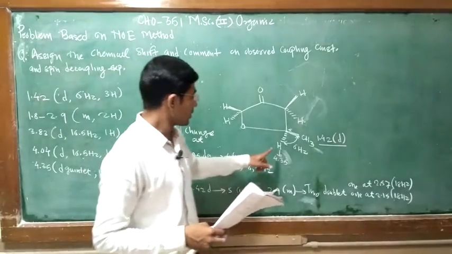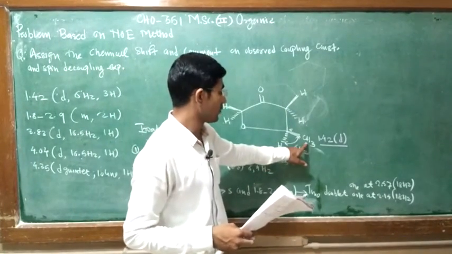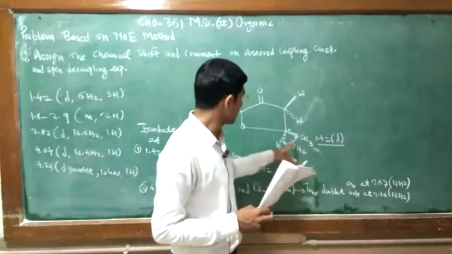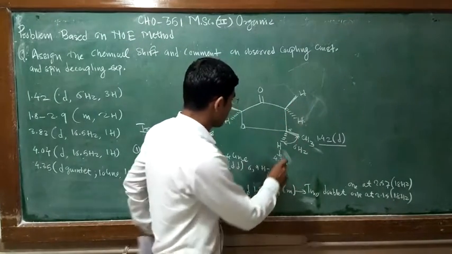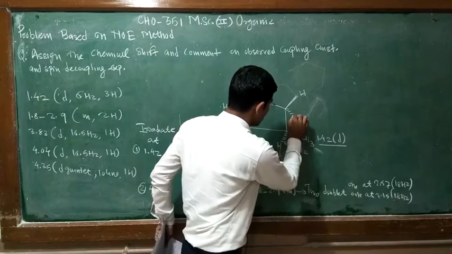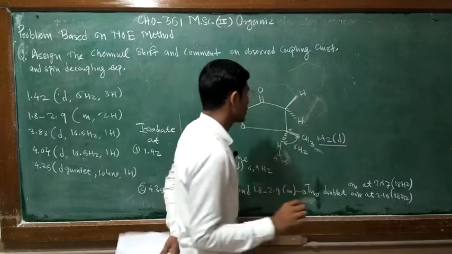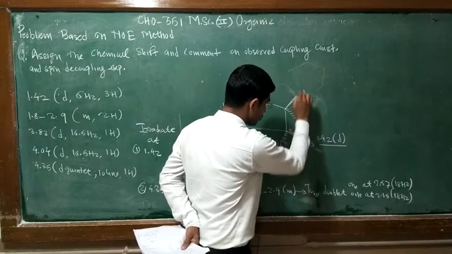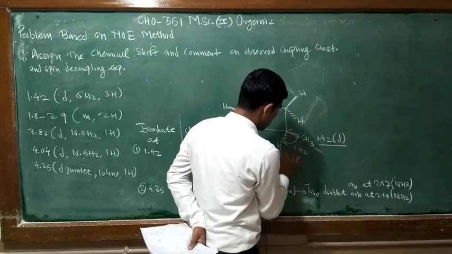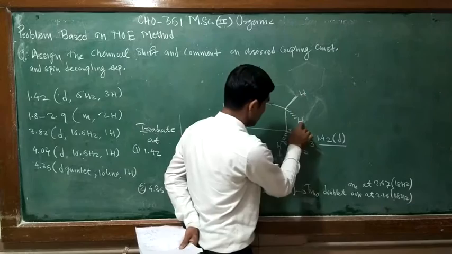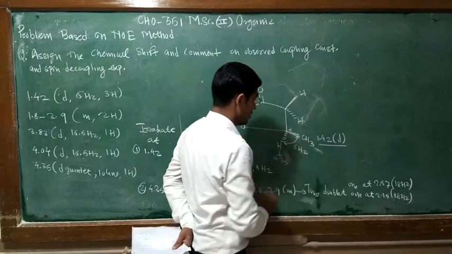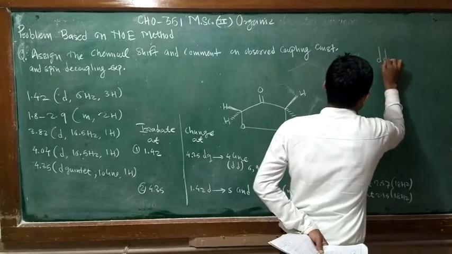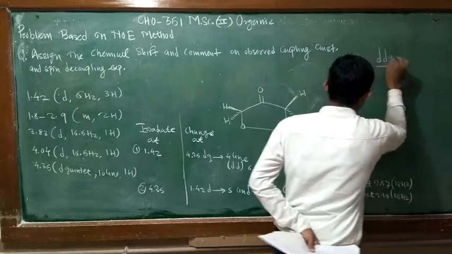Why is that? This proton is coupled with this quartet, and also coupled with this neighboring proton. So coupled with these two, and because of the diastereotopic nature of these two protons, this proton is coupled with this doublet and also with this quartet, so overall a doublet and quartet like this.